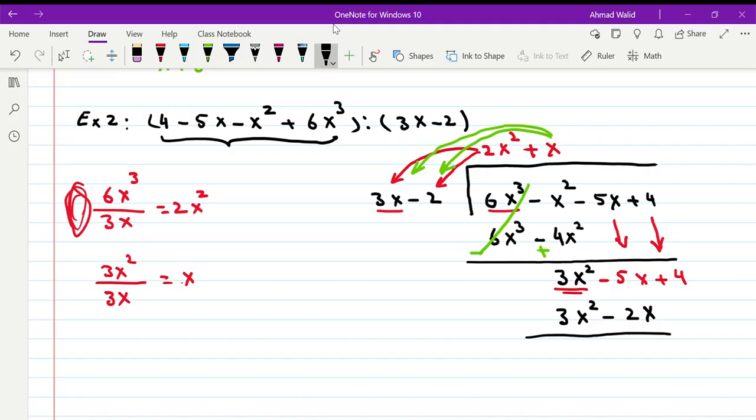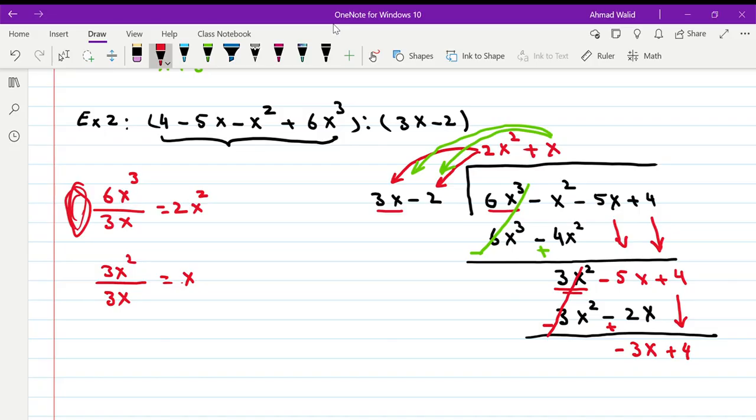Now subtract. Correct? It means change the sign first. Negative, positive. These two cancel out. Negative 5x plus 2x gives you negative 3x. And bring down the 4, plus 4.